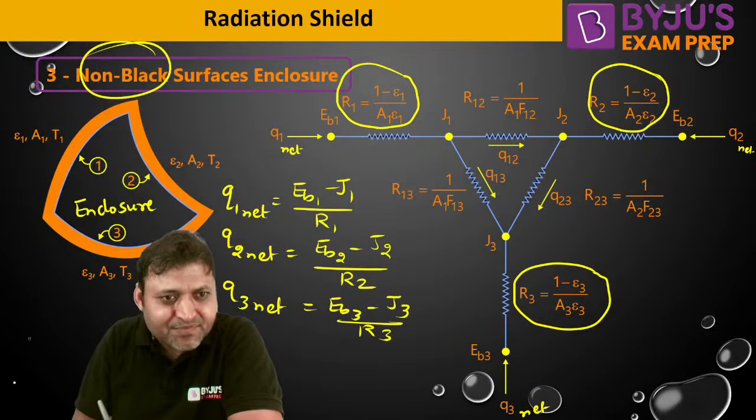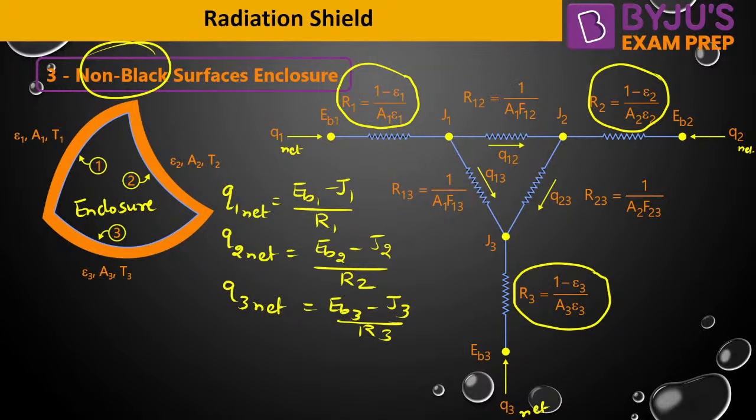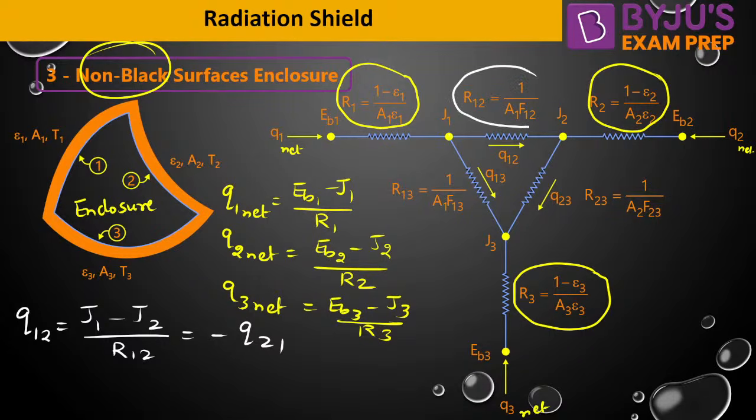And again, if we want to write Q1 to 2, can we write Q1 to 2 is equal to J1 minus J2 upon R12? That is equal to minus Q2 to 1. That is the space resistance between 1 and 2.